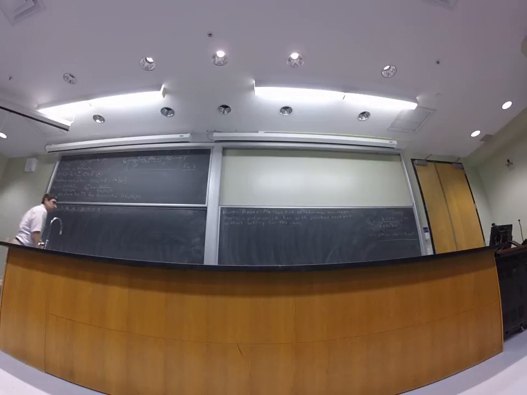So here is, it's an array that has n plus 1 rows, where n is the order of the polynomial.